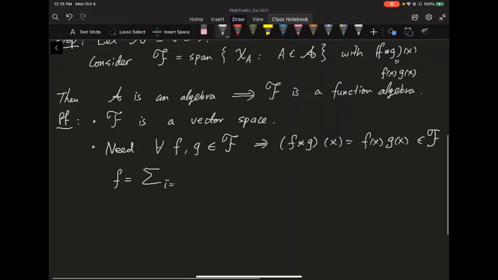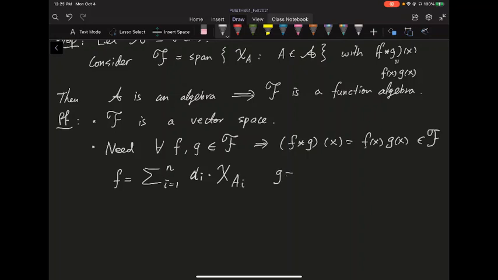Let's say f is equal to some linear combination of, I have too many a's, maybe I should say alpha_i, times chi of some set, say A_i.